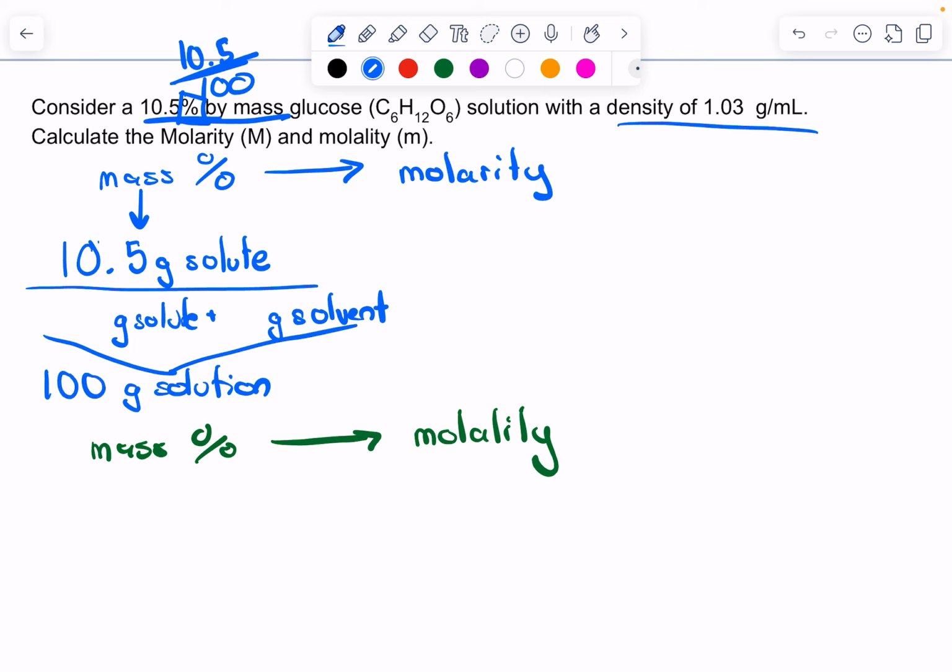How can I break that apart and get the individual things? Well, I already know that there's 10.5 grams of solute. So I'm going to put 10.5 here, which means that the rest of the 100 grams is solvent. So that is 89.5 grams of solvent. We've now taken the definition of mass percent and incorporated that number, the 10.5, to give us the different quantities for solute and solvent.